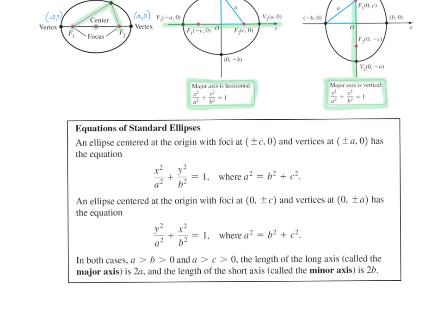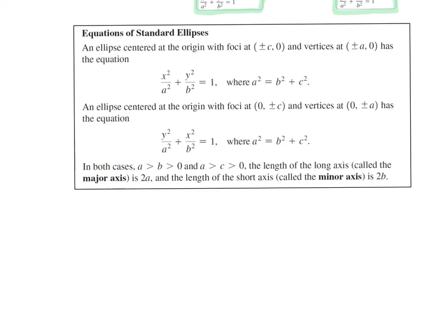Let's go down to this box that explains all the pieces of an ellipse. So we're looking at the equations of standard ellipses, and these are not shifted, they all have center at the origin. If the foci are (±c, 0), that means the foci are x values, which means the vertices also have to be x values, which we do as ±a.